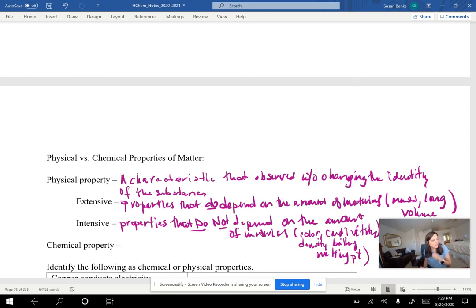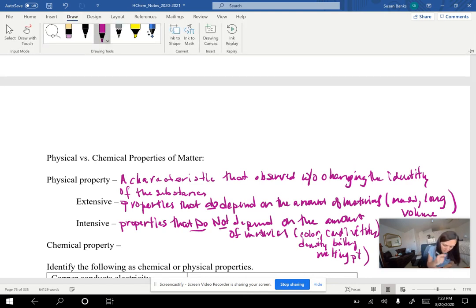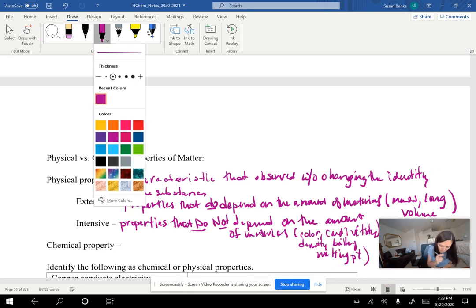A chemical property, on the other hand, is a little bit different. I'm going to change color just so that things don't get so blurred up. Let's change to green.